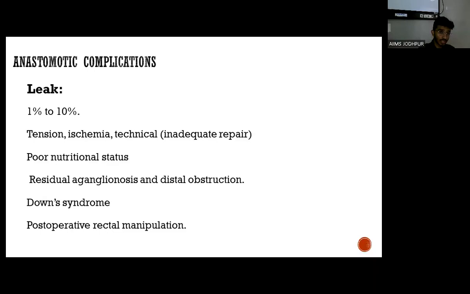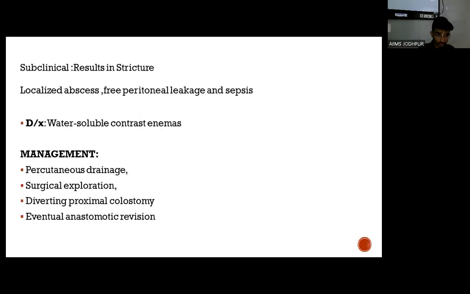Down syndrome in general is a cause which leads to many short-term complications, and post-operative rectal manipulation can also lead to leak, like post-operative use of suppositories or other rectal manipulations in case of Hirschsprung disease.